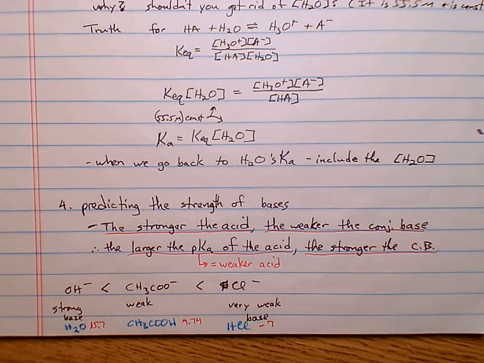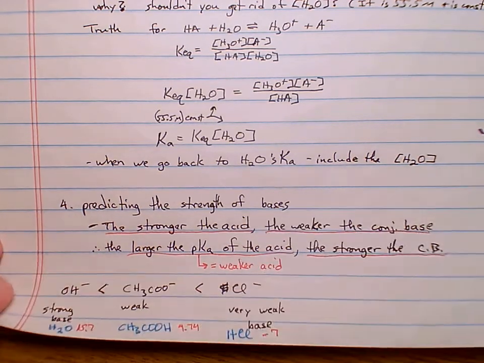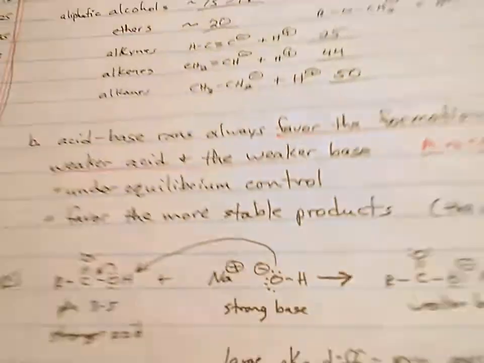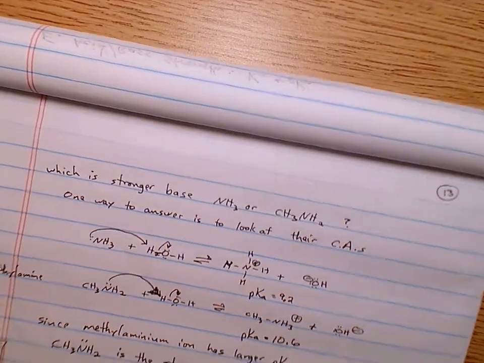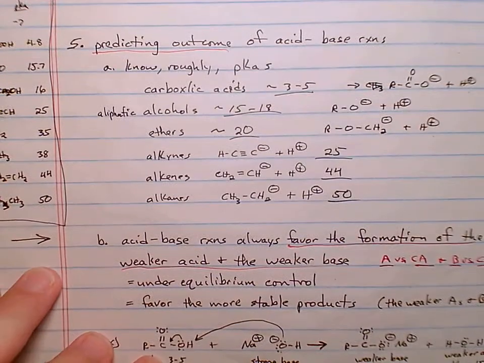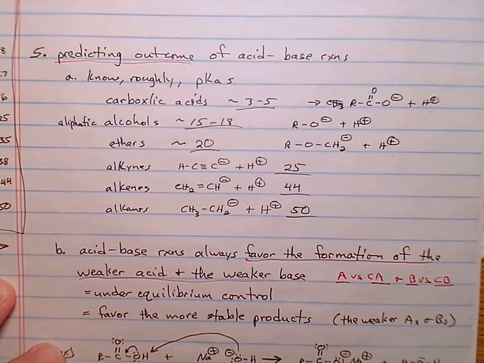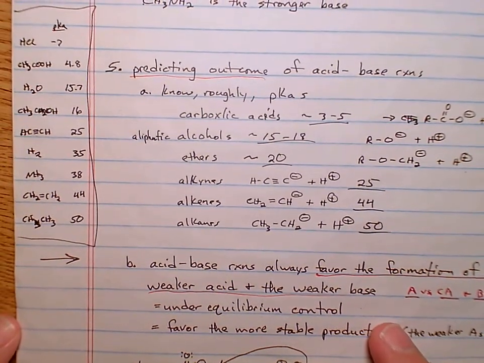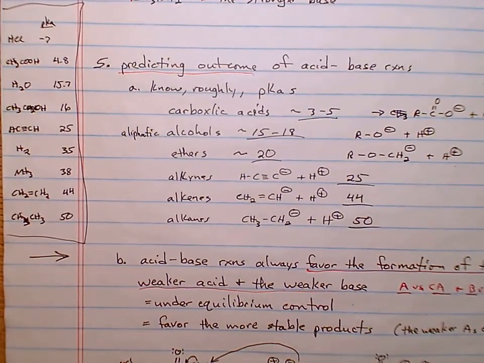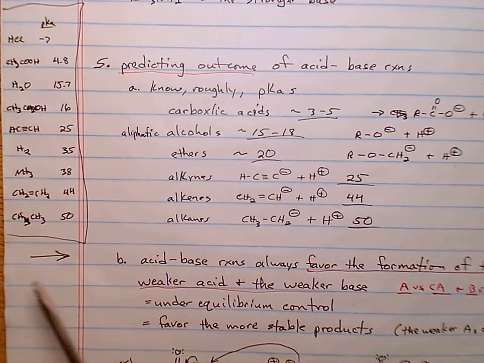So now that we know all this and we have that table memorized, hint, hint, exam coming up, we can look at some trends here. Let's look at predicting the outcome of acid-base reactions. And note, I've just put my pKa table down here, the one from the book.